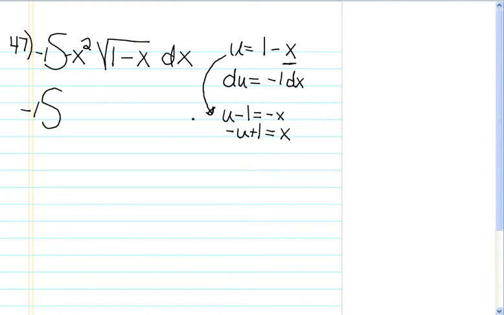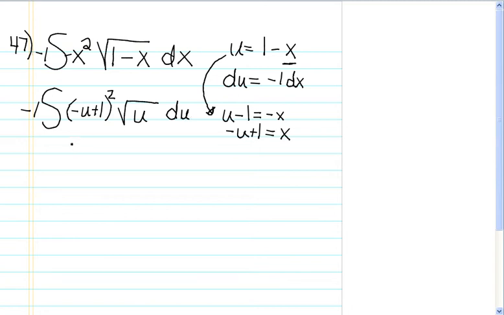X squared, well, x is now negative u plus 1, so we take negative u plus 1, the value for x, and square it, times the square root of u, and that negative dx is really just du.